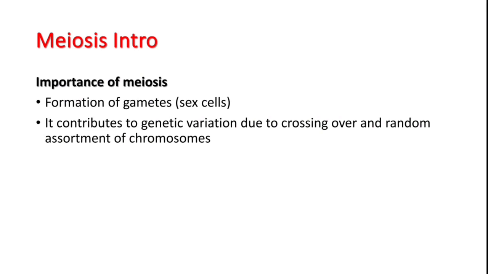But the children won't all be identical. No, there will be differences amongst the children, even though they are coming from the same two parents. Why? Because of the crossing that occurs in a phase that I'm going to talk about later on. So meiosis leads to the variations that we see, the differences amongst siblings. Because in meiosis, there's a phase where chromosomes are going to cross, which will lead to differences in characteristics and features, even though these people are coming from the same two parents.